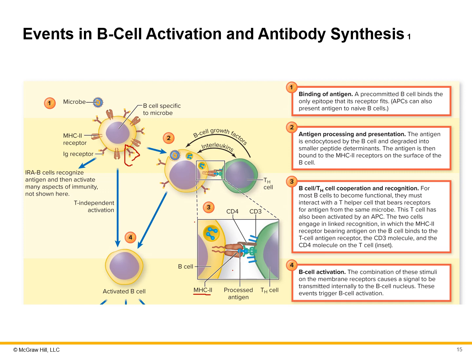It's going to recognize and bind to our helper T cell, and that's going to confirm the presence of an antigen. Ultimately, the combination of the B cell binding to the microbe and the helper T cell binding to the B cell, both of those events are what are going to actually activate the B cell. So we need both events to happen.